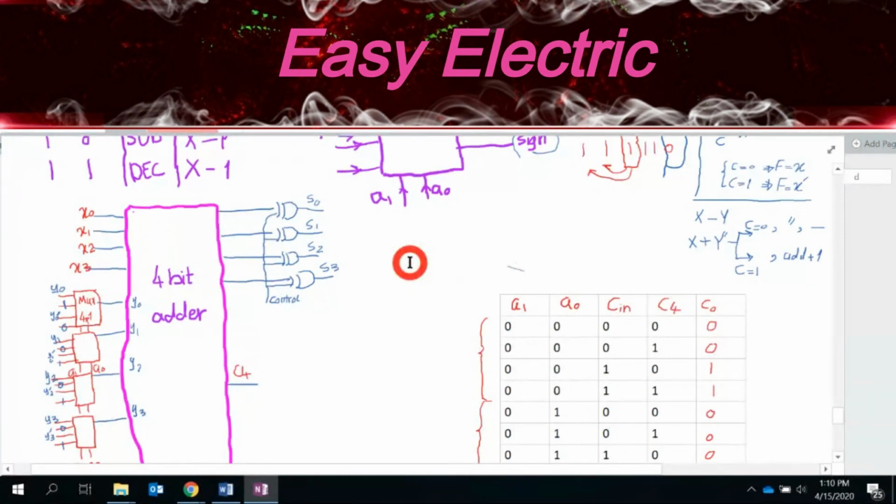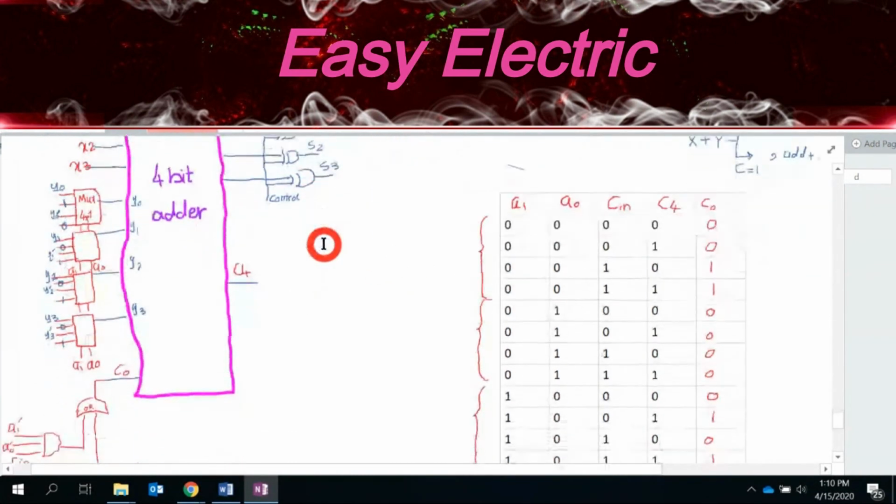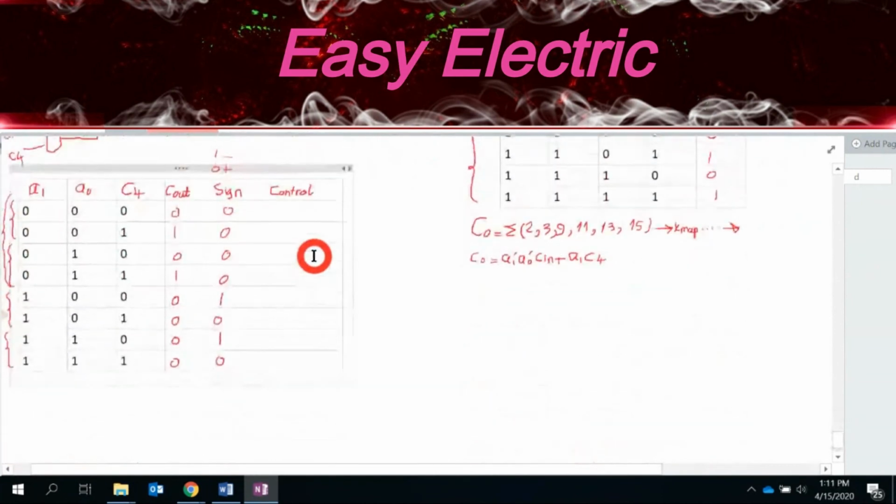If C control is 0, you have the same numbers that you have here, right? So back here, when you have the same numbers, whenever carry is 1, that means whenever C4 is 1, right? So let's consider it like this. Again, I consider the first 4 rows, okay?